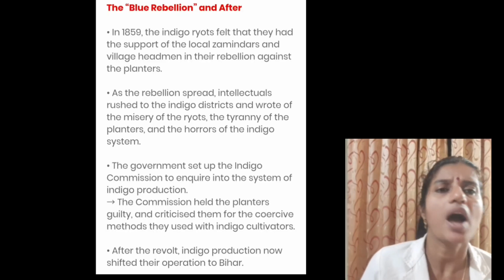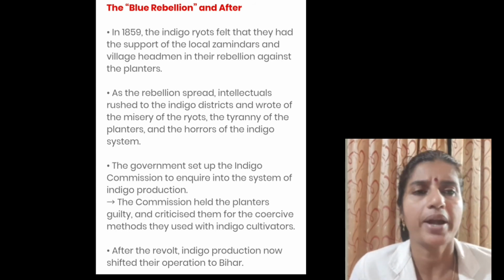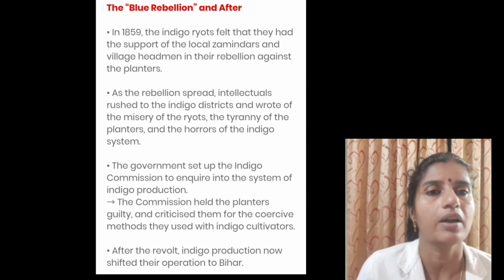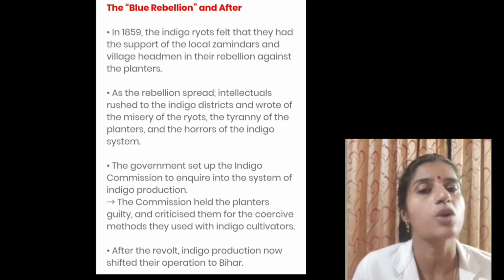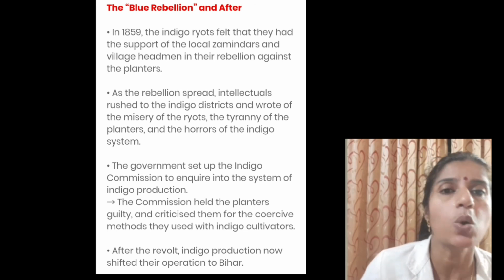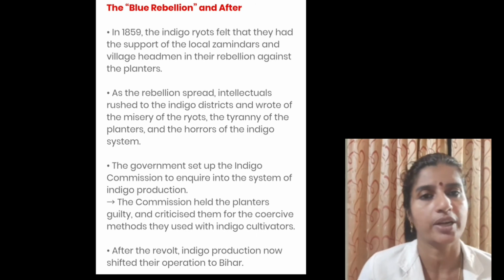Then, what was the after effect of this indigo rebellion? As the rebellion spread, intellectuals rushed to the indigo districts of Bengal and wrote of the miseries of the ryots. Then the government set up the Indigo Commission to inquire into the system of indigo production.